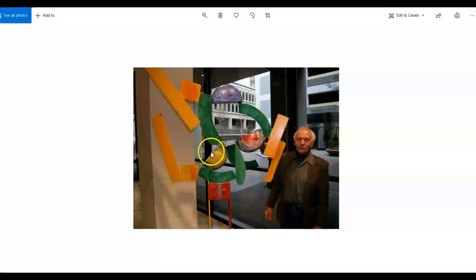I was talking about this to another student. We look at this and we think, oh, well, this is the sculpture here, all these wonderful geometric arcs and planes and half spheres and so on.